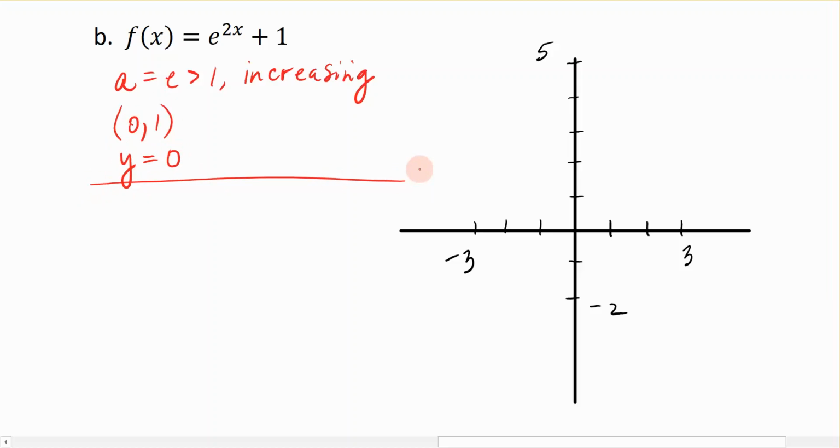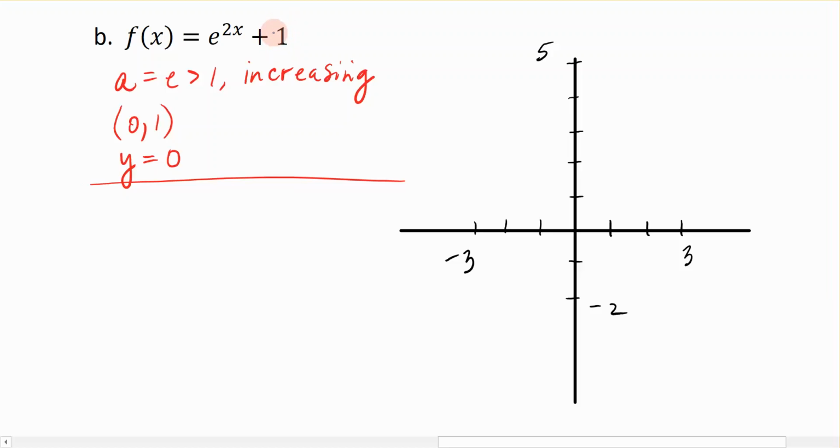Now let's identify what kind of shifts we have. Here I have the number 2 being multiplied by the exponent, so I'm multiplying inside of the function. That right there tells me that I'm going to have some sort of stretch or shrink. And then the plus 1 tells me that I'm going to have a vertical shift by 1.